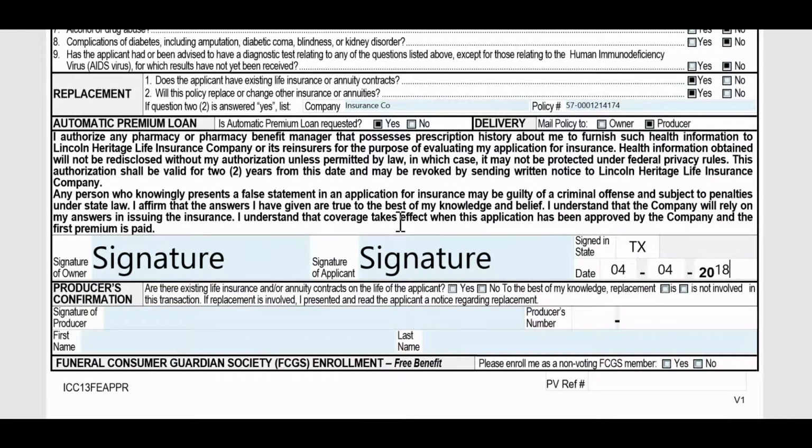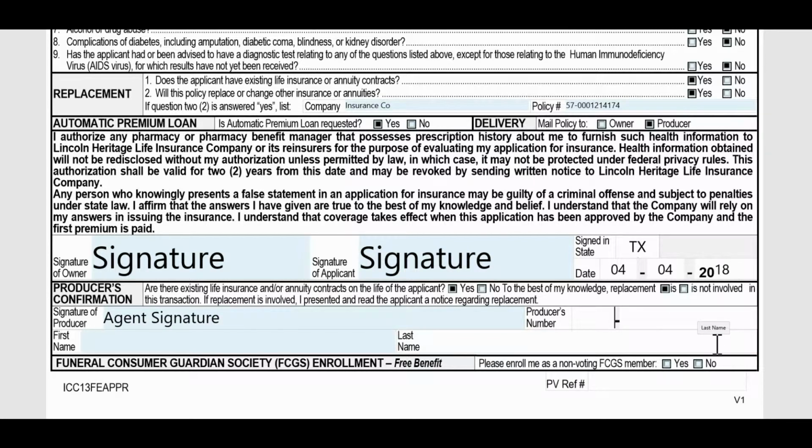The producer's confirmation refers to the replacement of an existing policy and must be correctly marked by the agent. This part of the application is often forgotten by the agent, which motivates an underwriting problem, so it is very important to make sure it is complete. Below are the spaces for the agent's name, his signature, and the producer number assigned by Lincoln Heritage.